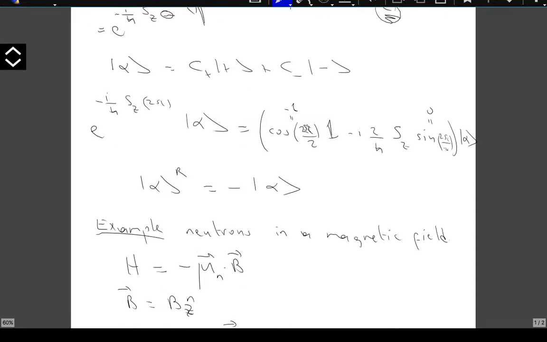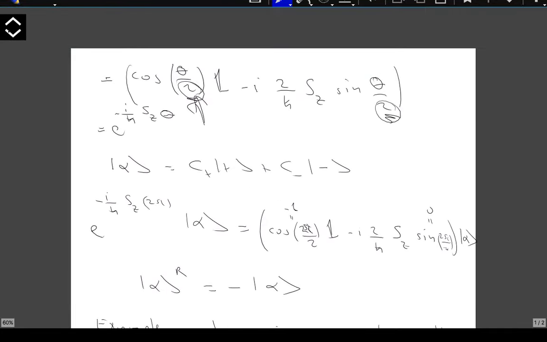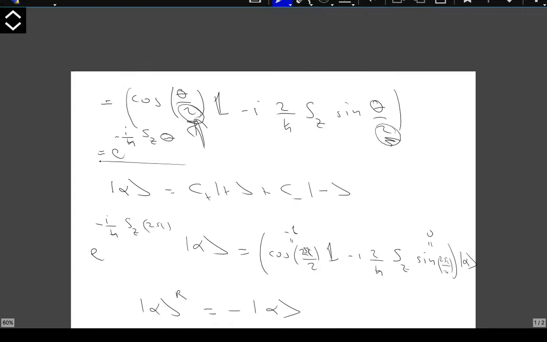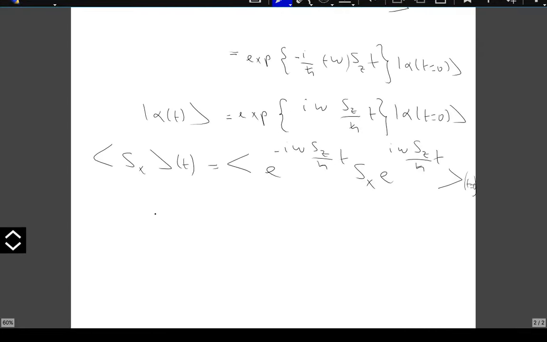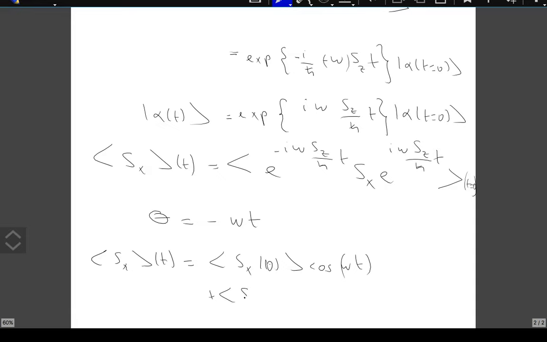If you look at how we define the rotations around the z-axis, it is given by this expression over there. So this is nothing but rotation by an angle theta equal to minus omega t. This is why with time it precesses: Sx at 0 cosine omega t plus Sy at 0 sine omega t.